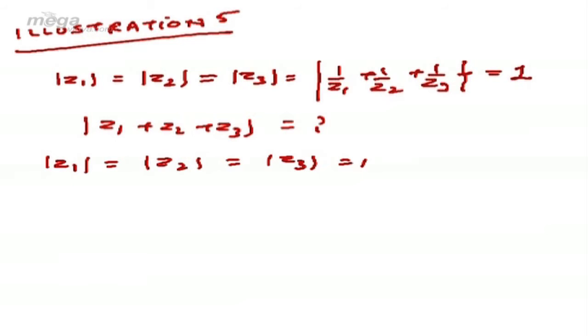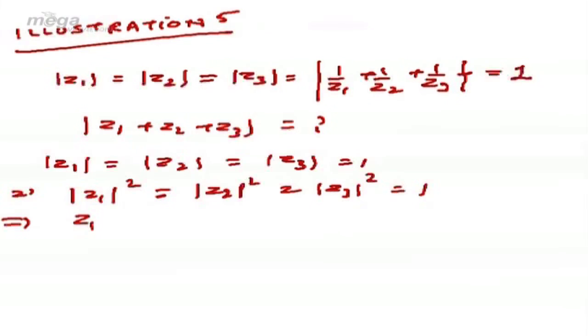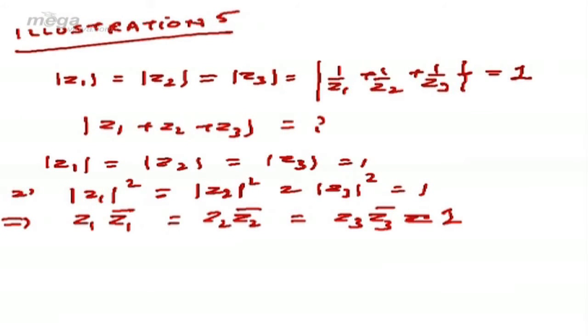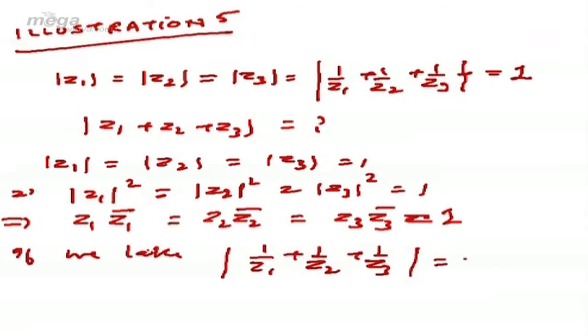By squaring both sides, we can write mod of z1 square, mod of z2 square, mod of z3 square is equal to 1. This is z1 z1 bar is equal to z2 z2 bar is equal to z3 z3 bar is equal to 1. Now we have mod of 1 by z1 plus 1 by z2 plus 1 by z3 is equal to 1.